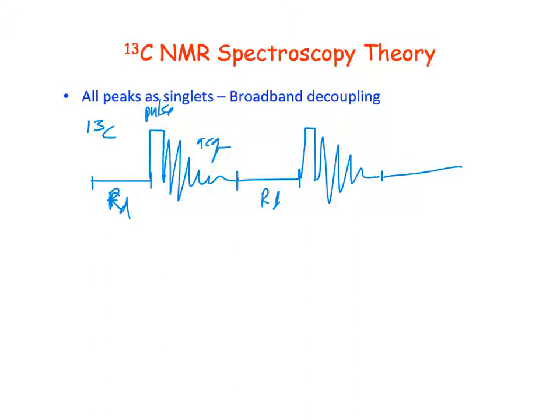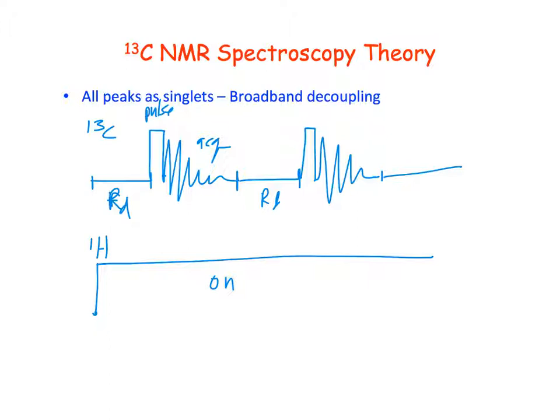In addition to this, we also have another channel, which is for the protons. In the simplest variation, for the protons we just turn on the decoupler and leave it on. So we're irradiating the whole proton range the entire time that we're recording the C13 spectrum.